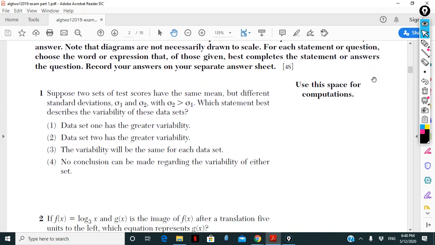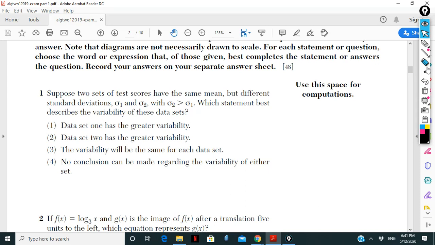Suppose two sets of scores have the same mean but different standard deviations, sigma 1 and sigma 2, with sigma 2 more than sigma 1. Which best describes the variability of the sets of data? Standard deviation measures how your set of data is distributed from the center.